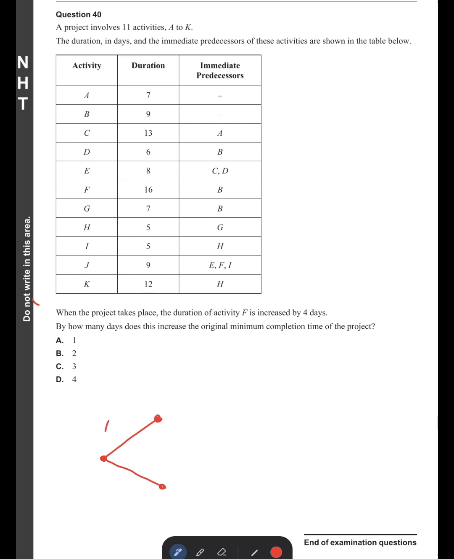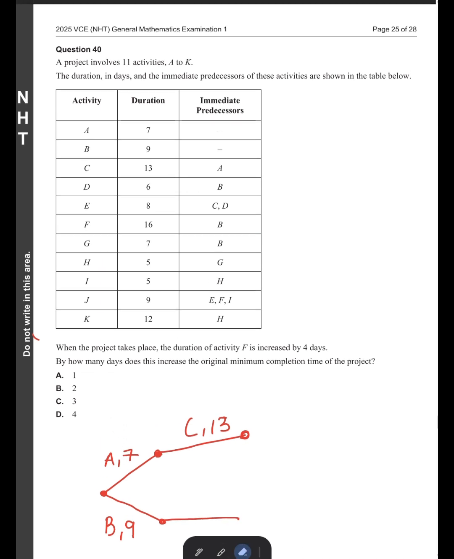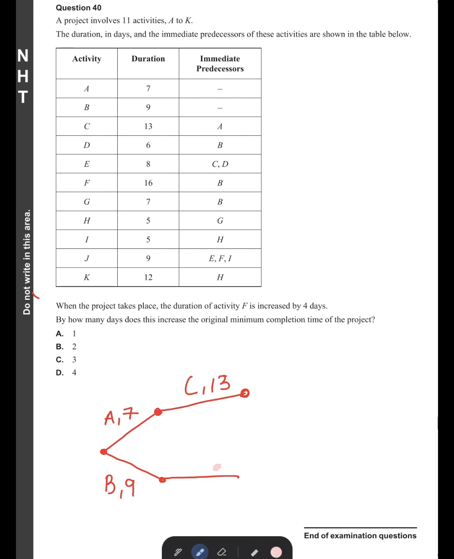So we've got A, which is 7, B, which is 9. Coming off A, I've got C, which is 13. Coming off B, I've got D, which is going to connect up with C. And D is 6.